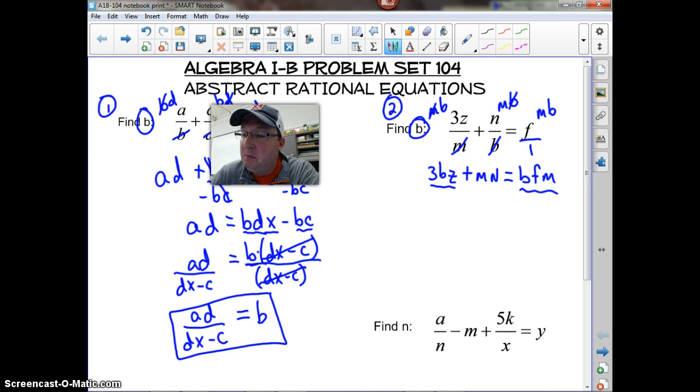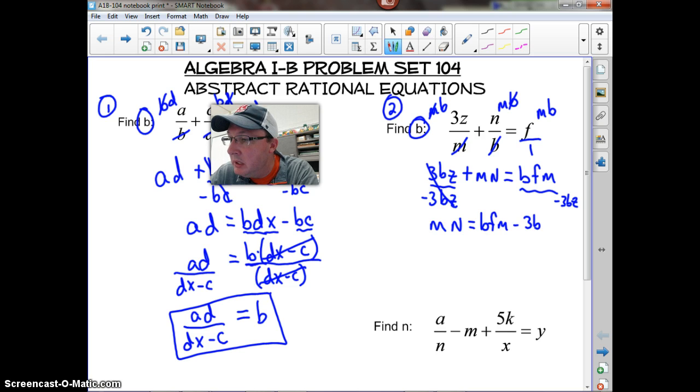If I were doing the problem, I would move 3BZ over to the right side. So this is positive 3BZ, so to move it, I'm going to subtract 3BZ. That leaves on the left side, MN equals. Now, BFM and 3BZ, are those like terms? No. So we leave them separated: BFM minus 3BZ.